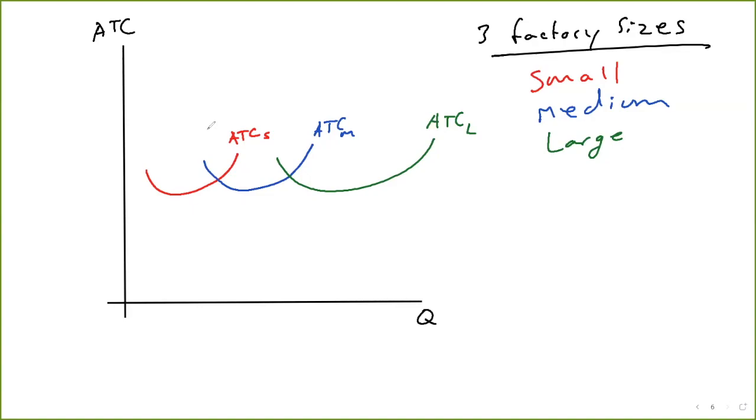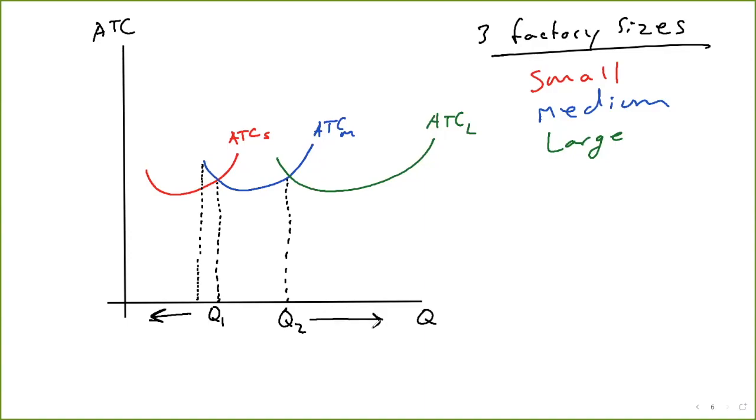And so what this means is that these intersections tell you that anything over here to the left of Q1, it's most efficient to use the small factory. That's going to minimize your cost. It's not even possible to use the medium factory until you produce at least this much. The interpretation is that the factory has some minimum amount that once you start producing, you have to produce at least that much.